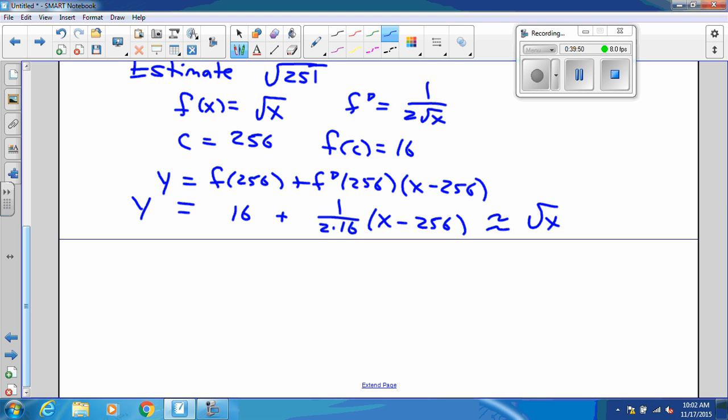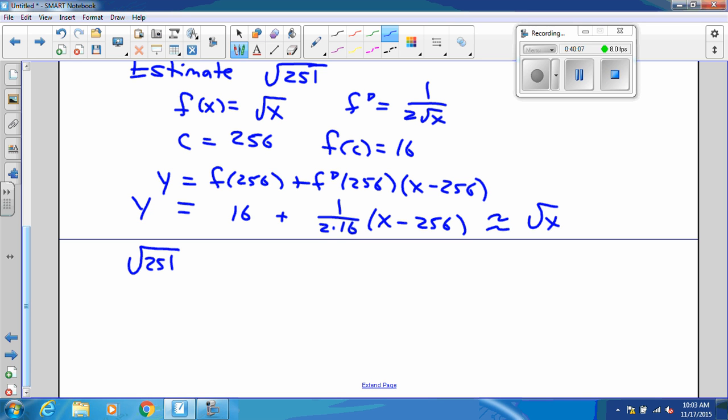What does this mean? This means that this straight line right here, which is easy to compute, is going to be approximately equal to the square root of x, the original function, for x's that are close to 256.